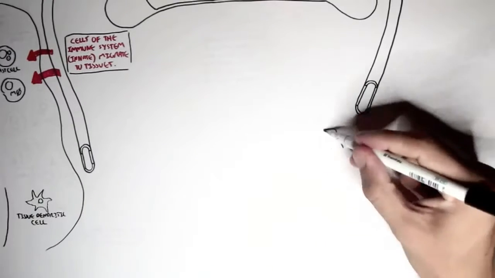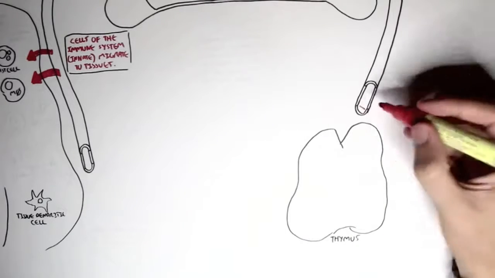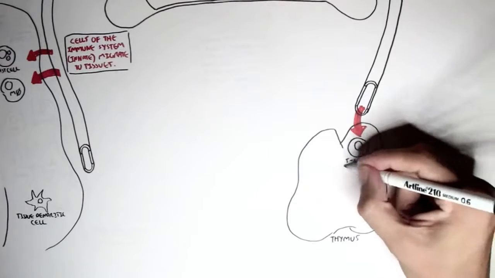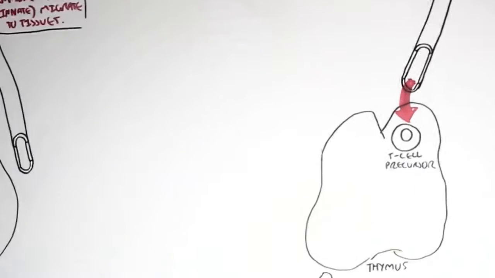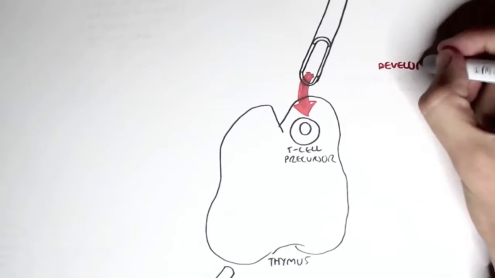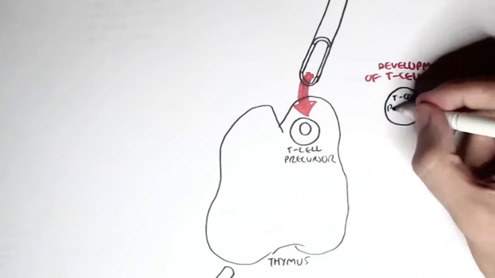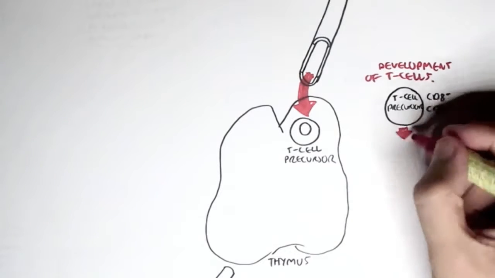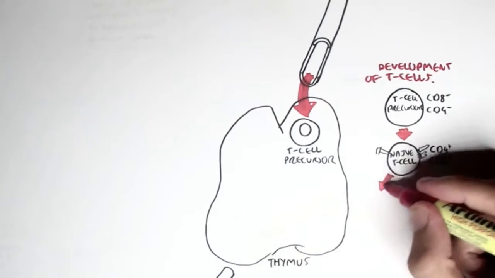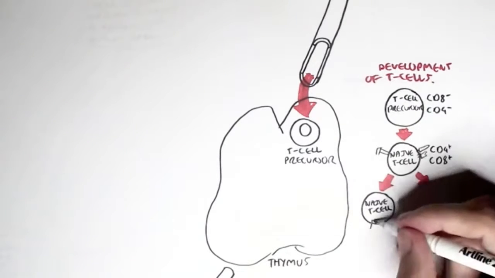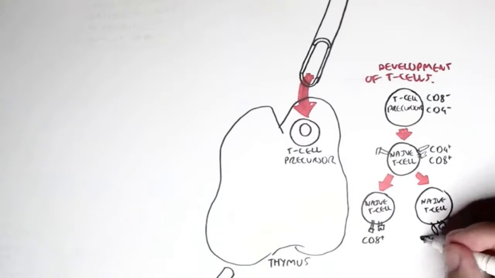Now, in the last video, we learned how the lymphoid precursor cell, which would become a T cell, so we just call it a T cell precursor, enters the thymus. This T cell precursor expresses no CD8 or CD4 co-receptor. But through T cell development in the thymus, it will become a naive T cell expressing both CD4 and CD8.